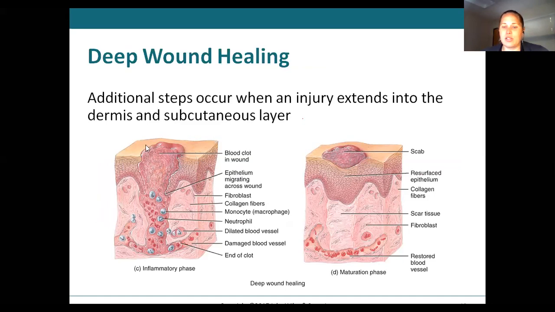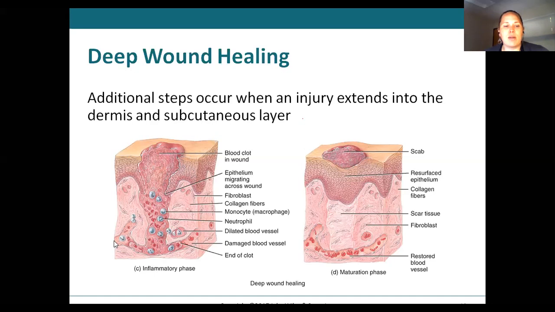This clot is going to act as a plug as the underlayers of the dermal layer are repaired. Once those underlayers are repaired, you slowly but surely have the replacement of your epidermal layers as well. Then a scab forms on the outside of that wound, and again serves as a protectant until all of the underlying deep layers have undergone the repair.